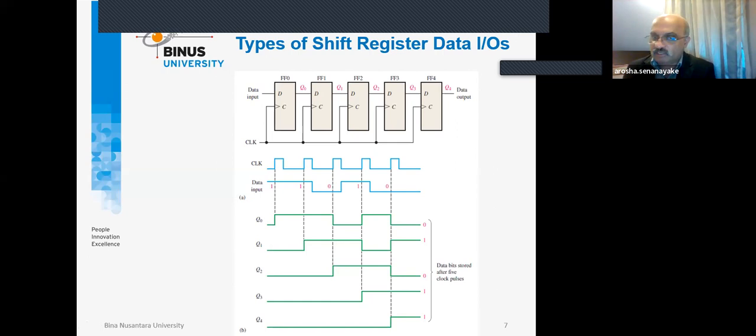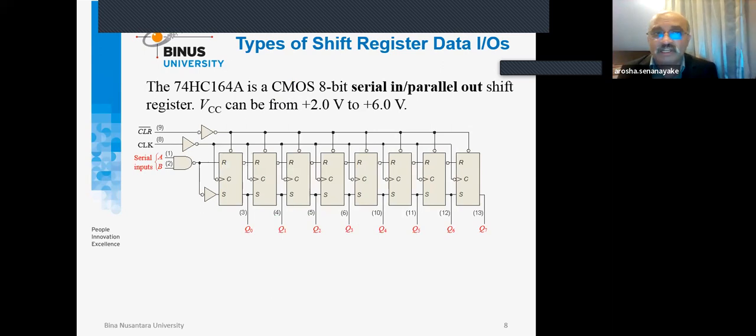In order to understand this very clearly, explaining like this might not be too accurate. So there are many commercially available ICs you can find or buy off the shelf, and you can utilize them for different purposes.